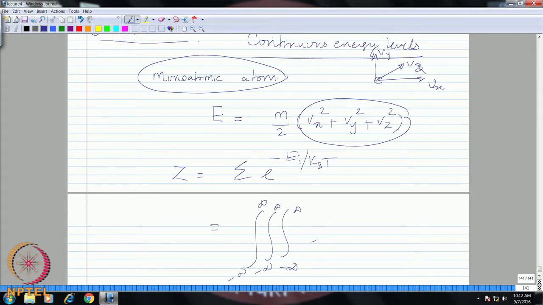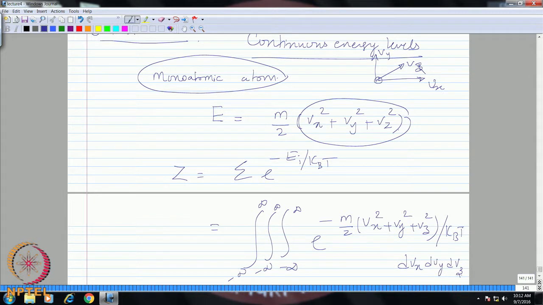and you have e power minus m by 2, I am just substituting our kinetic energies into it, divided by kB T, and this integral is over dVx, dVy, dVz.